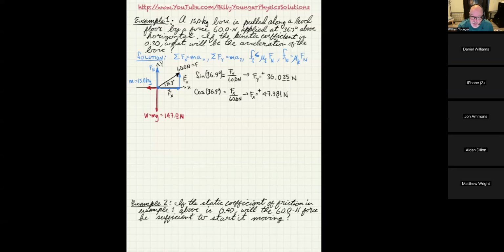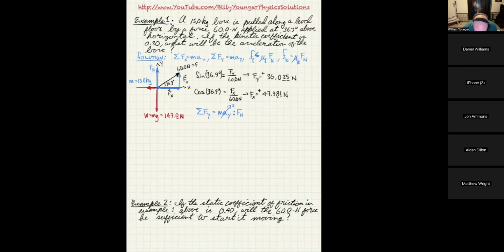Since the velocity in the y direction is zero, and you wait a couple seconds and it's still zero, that means the acceleration in the y direction is zero. So I can now write the summation of the forces in the y direction is equal to mass times acceleration in the y direction. And I'm just going to put a zero right there for the acceleration in the y direction. Now, when I do this, I can go ahead and say that the forces I have acting in the y direction are the normal force, which I started to write as plain N like I normally do.